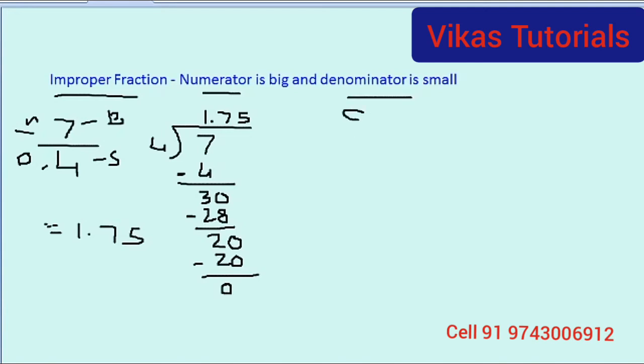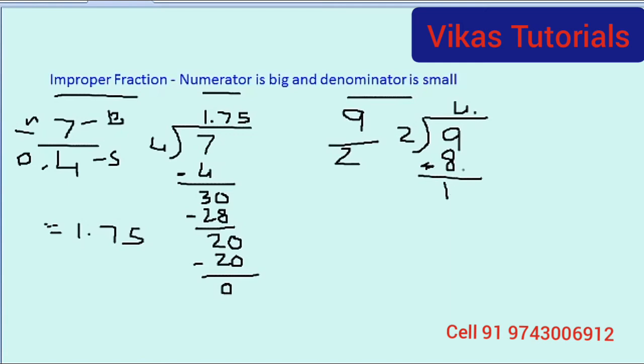Let's take another example. Say 9 by 2. Here again, 9 is the numerator, which is big, and 2 is the denominator, which is small. Again we will perform the long division method here. 9 divided by 2. In the table of 2, 2 fours are 8. 9 minus 8 is 1.